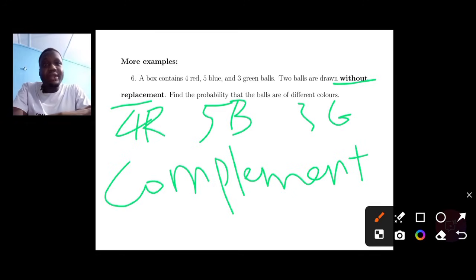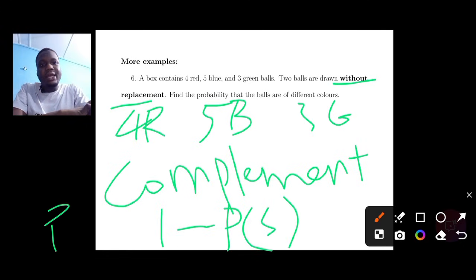If the balls are not different, then they are the same. So the quickest way to work this problem is to find the probability that they are the same. Then when you are done, you deduct it from 1 to get the probability that they are different.